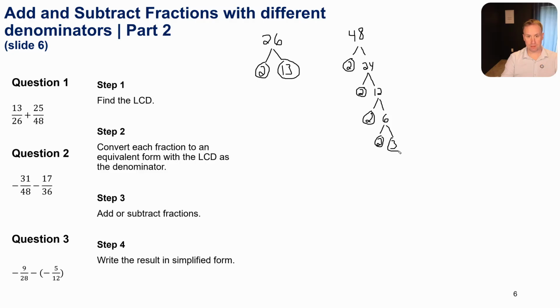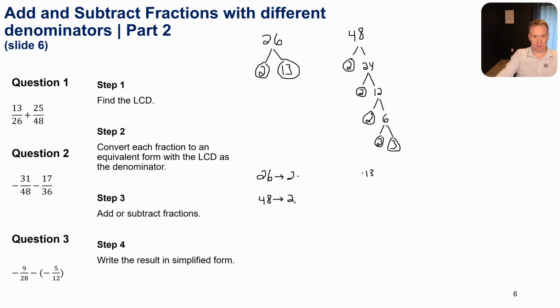Okay. So then lining up our columns, 26 and 48. 26 is 2 and 13. Now I'm going to go ahead and give myself a pretty big gap here because 13 is the biggest of all the factors here, and 48 has a lot of little small factors.